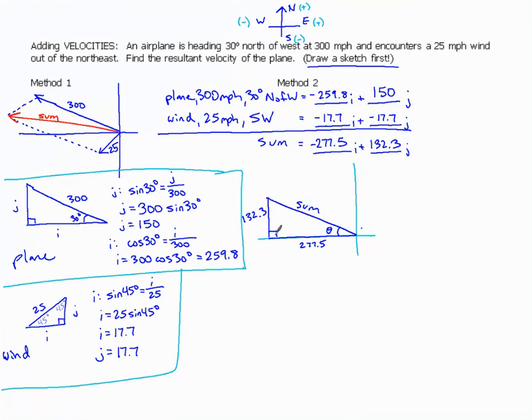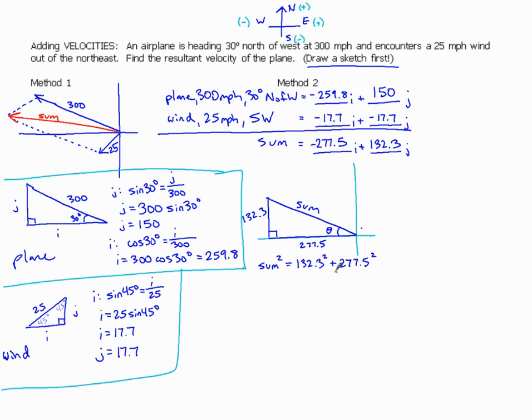Since it is a right triangle, we can use the Pythagorean theorem, a squared plus b squared equals c squared. So I'm going to write sum squared equals 132.3 squared plus 277.5 squared.